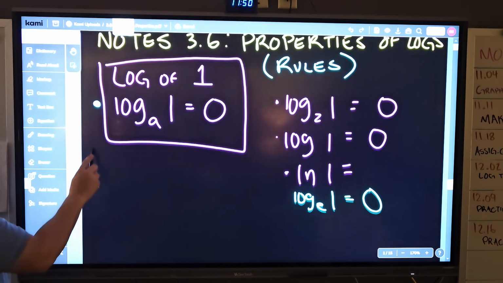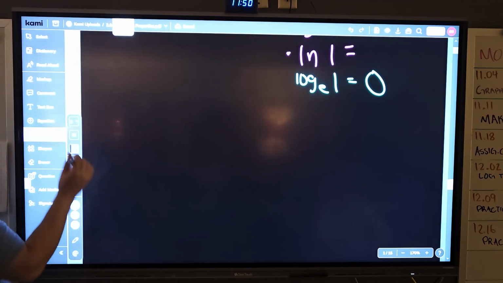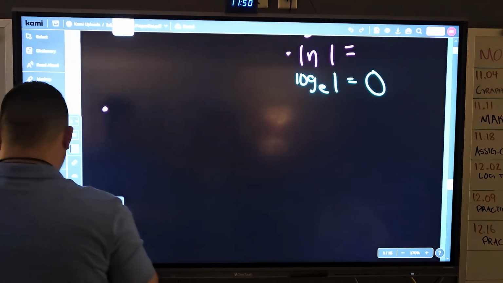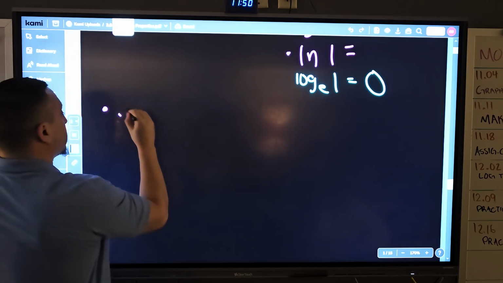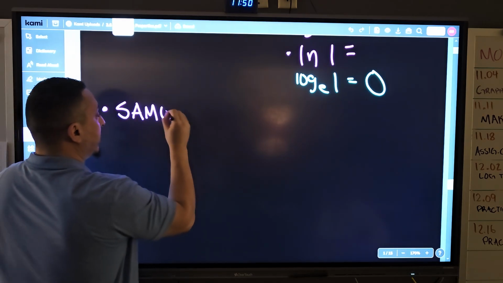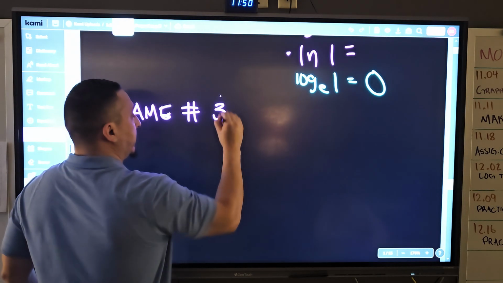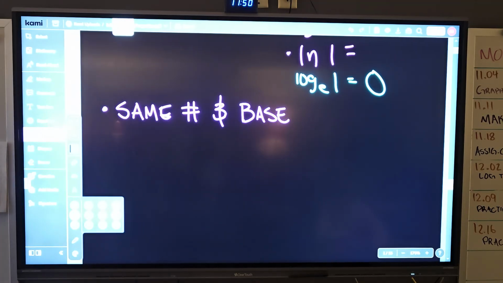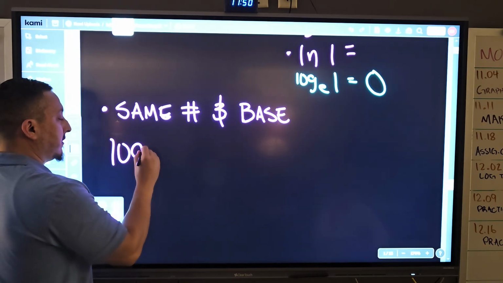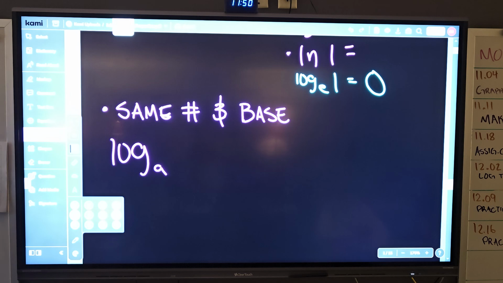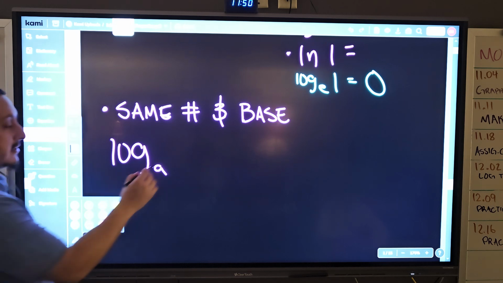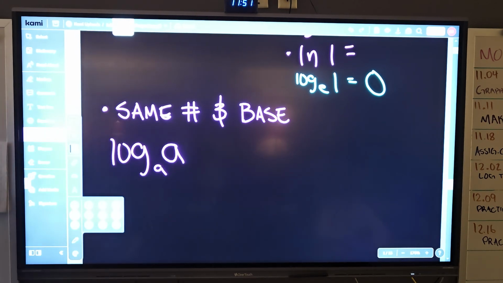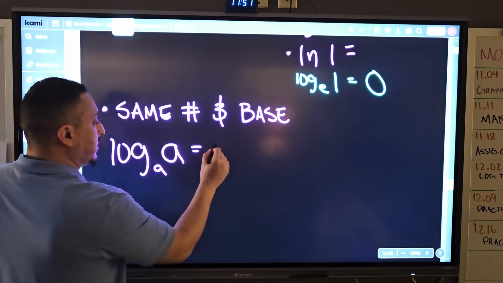Okay, this is the next one. Again, in no order, just random order. This one is called same number and base. All these are very useful. So this one says: if you have the log of any base, whatever the base is, doesn't matter, and the number happens to be the same as the base, the answer is always 1.